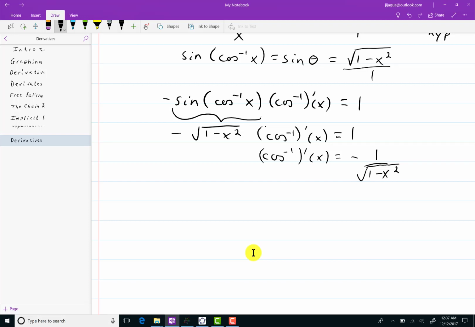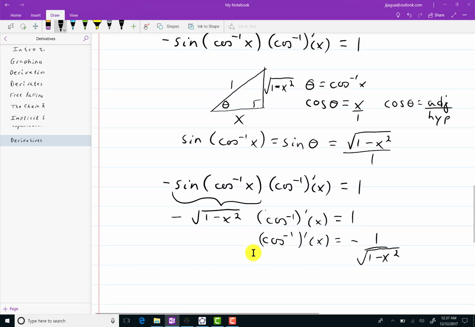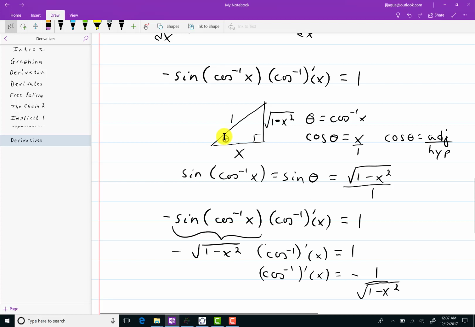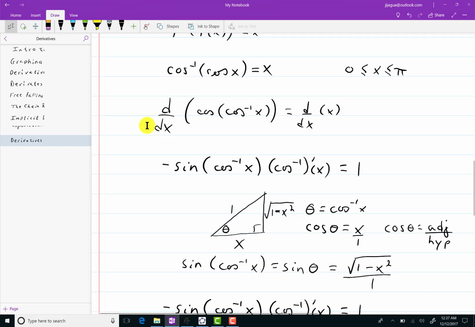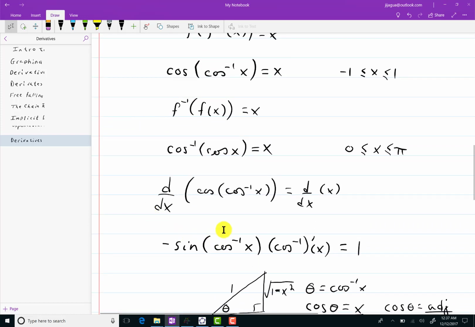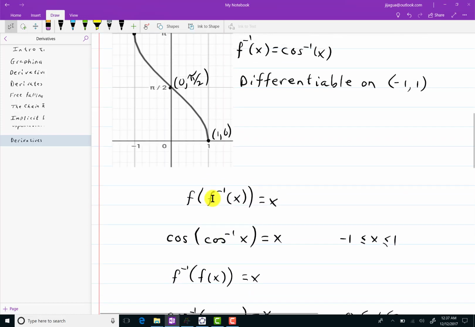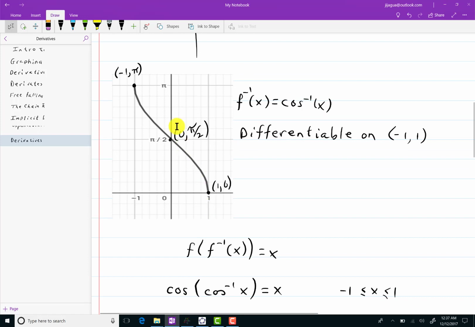Now some caution. Whenever you do a triangle like this, you're under the patent assumption that theta has to be between 0 and pi over 2. Well, unfortunately, cosine inverse, when it's giving back the thetas, what does cosine inverse give us? Cosine inverse gives us angles that are between 0 and pi.